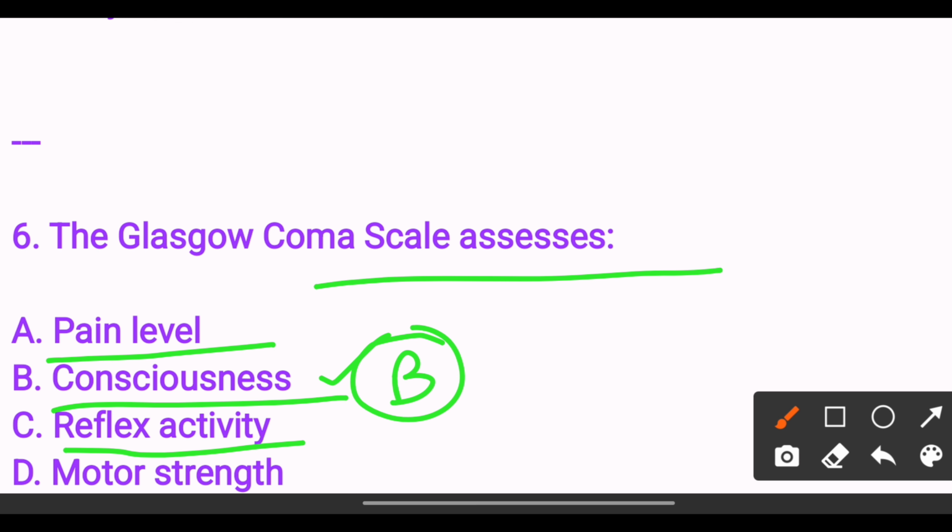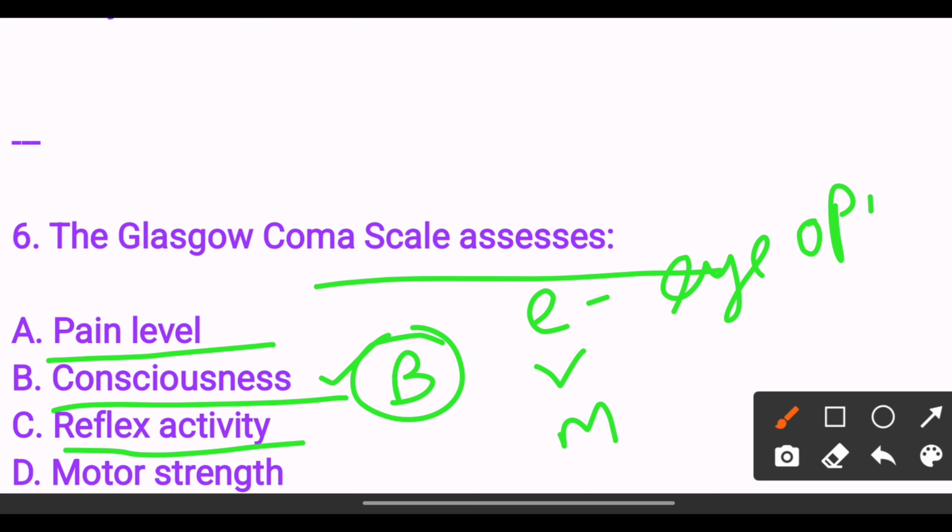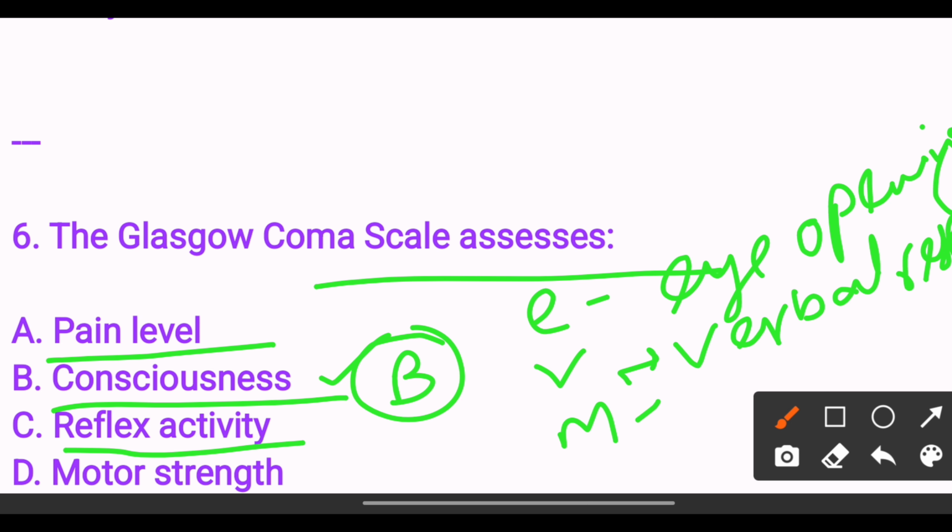In the Glasgow scale, there are three components: EVM. E for eye opening, V for verbal response, M for motor response.